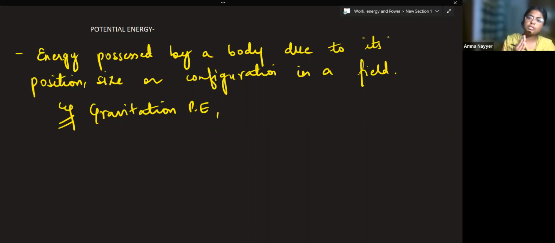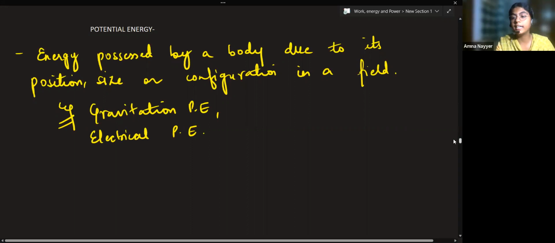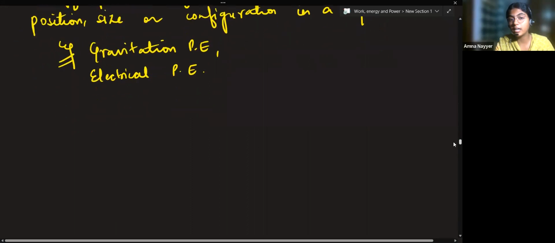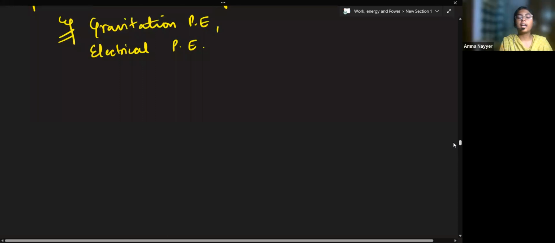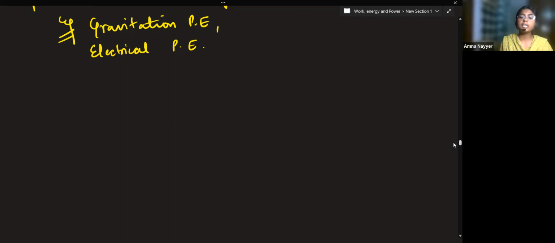So that is not just electrical energy, you have electrical potential energy, because in electrostatics the electric force is conservative. So all the energies just convert. But this definition is not sufficient for you to identify whether a body is actually possessing potential energy or not. You have to see conservative interaction.